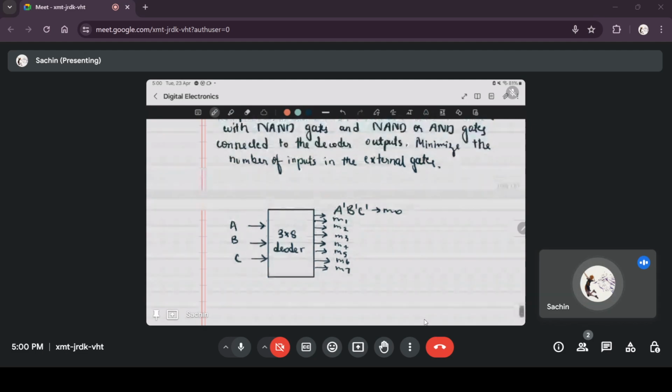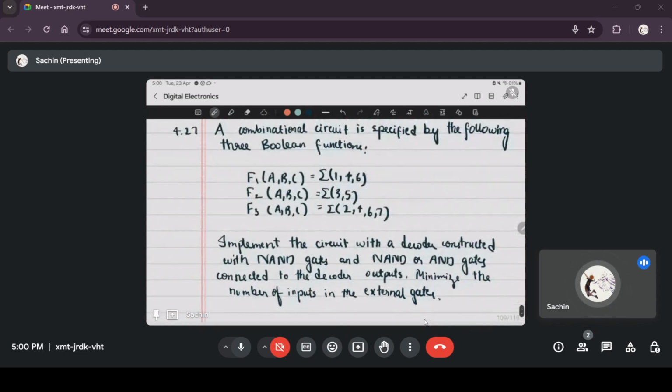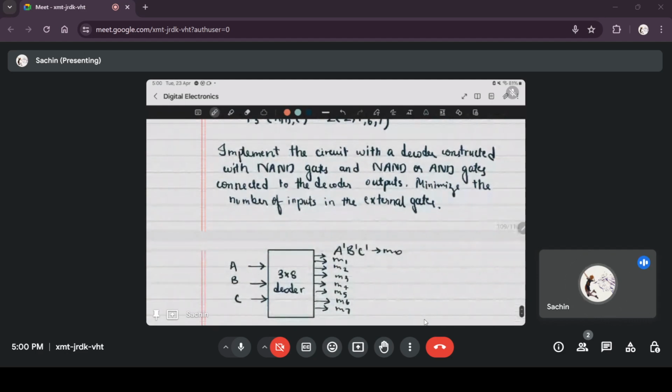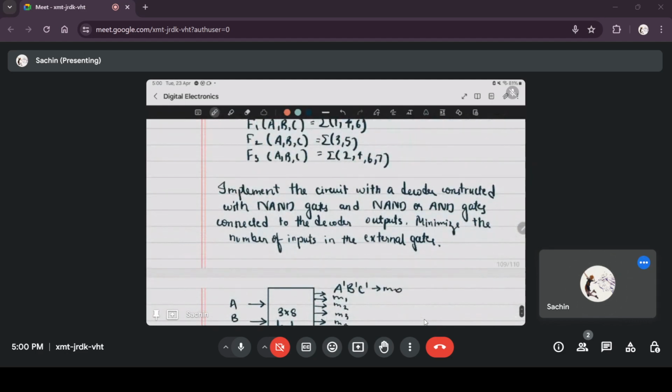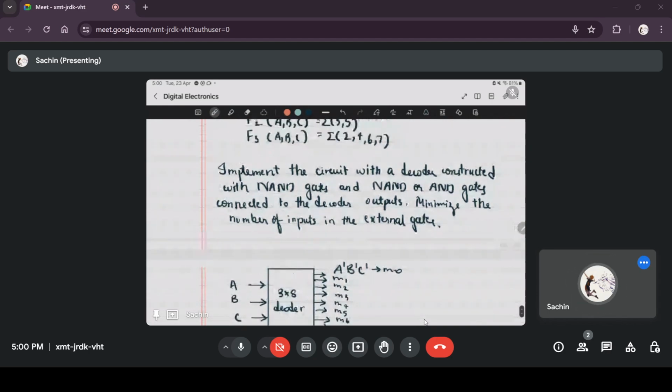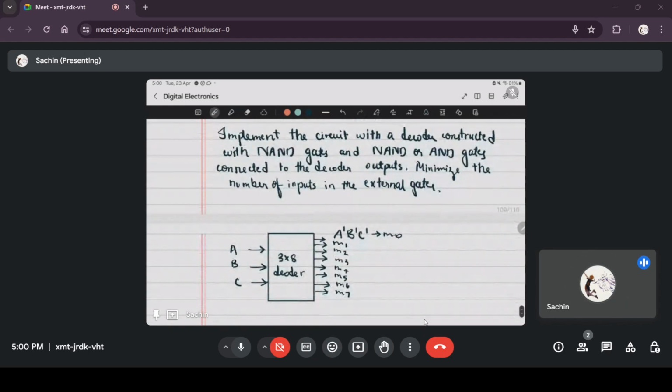So it would be very simple to implement F1 equal to summation of minterms 1, 4, 6. You would just need an OR gate between the outputs 1, 4, and 6 of the decoder. The only problem here is that they have asked us to implement it using only NAND gates or AND gates.